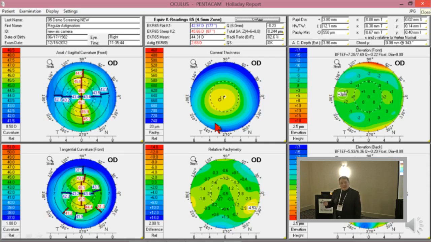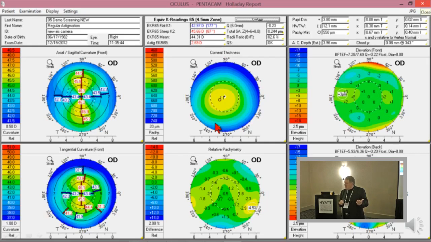Now guess what? That's why if you try to correlate K readings with a 4.5 millimeter diameter zone, the highest correlation occurs when the zone is 4.5 millimeters, because the ring is 3.2 on a manual keratometer. When you do it on the IOL Master, it's about 2.5, so the zone is about 4.